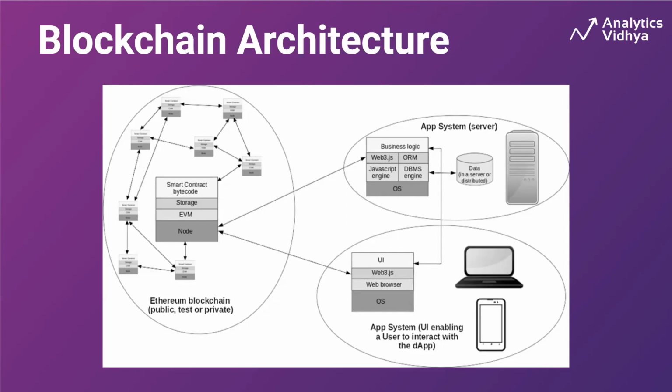And from that, if we want to store that data directly into the traditional database, we can also do that from the backend side. Or if we don't want to store the data, we directly call the backend, and that value will be shown to the user on the front end side. So this is how the blockchain architecture works.